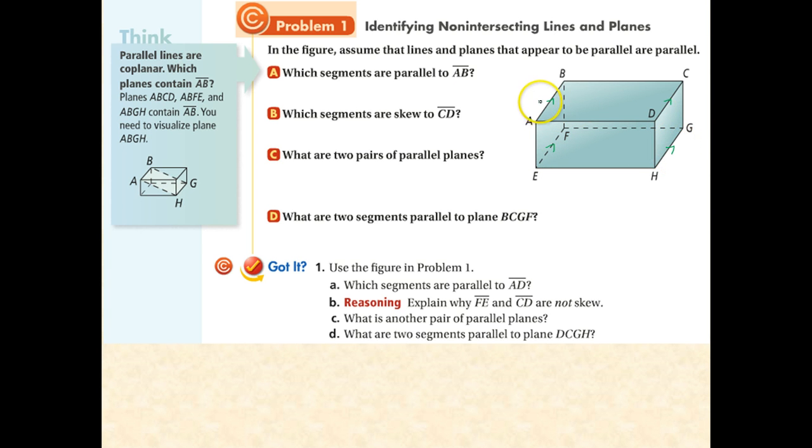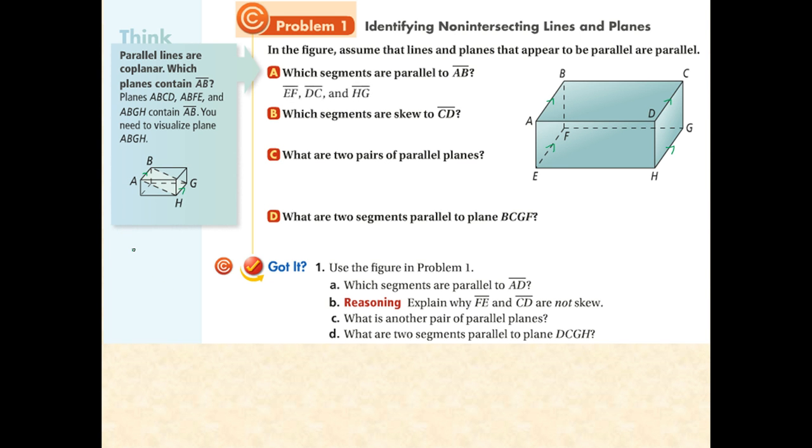You can imagine this plane up here is where AB and CD are parallel. This plane, ABFE, is where AB and EF are parallel. And then this diagonal plane over here is how you can show that AB and GH are parallel, because they have to be in the same plane to be parallel.